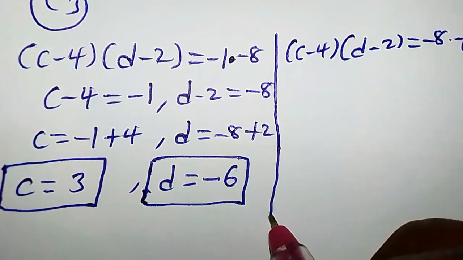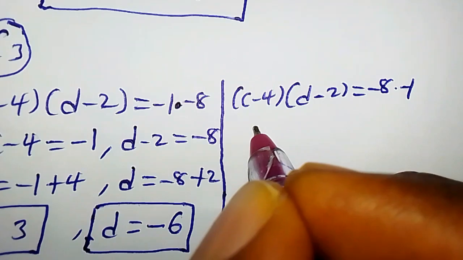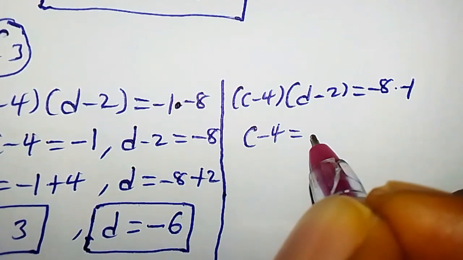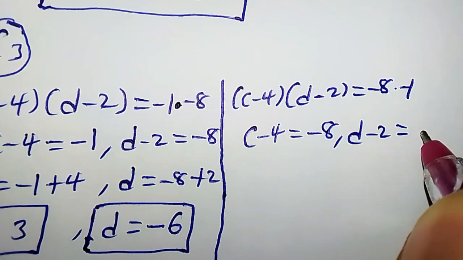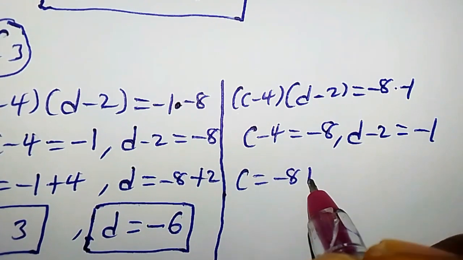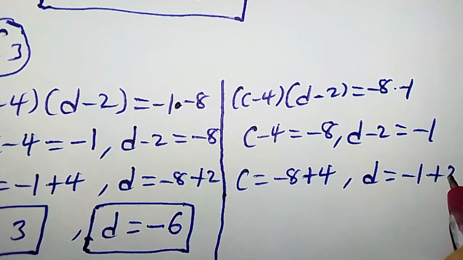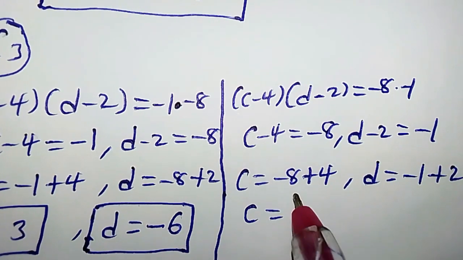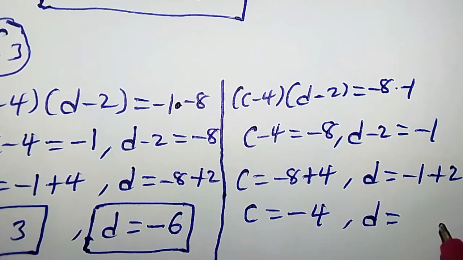Similarly, let us consider this line. If we compare, C minus 4 is equal to negative 8, and D minus 2 is equal to minus 1. C equal to minus 8 plus 4. D equal to minus 1 plus 2. C equal to minus 8 plus 4, that is minus 4, and D equals 2 minus 1, that is 1.